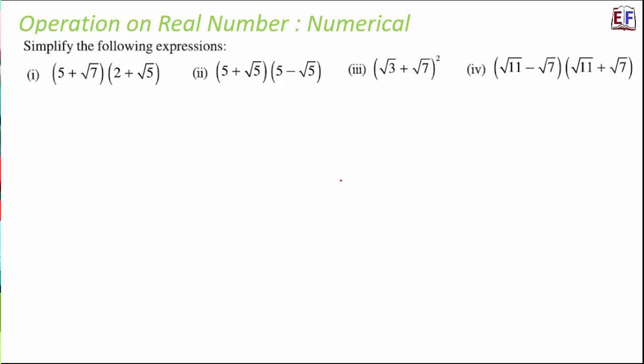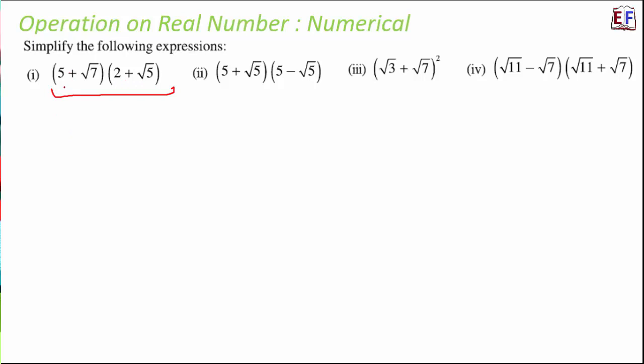Simplify the following expressions. These are very simple simplifications. We will make use of properties like the commutative, the associative and the distributive property. Let's try the first one: 5 plus root 7 into 2 plus root 5.